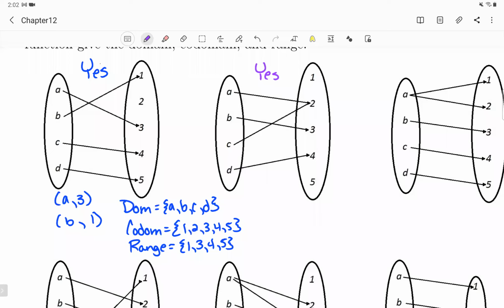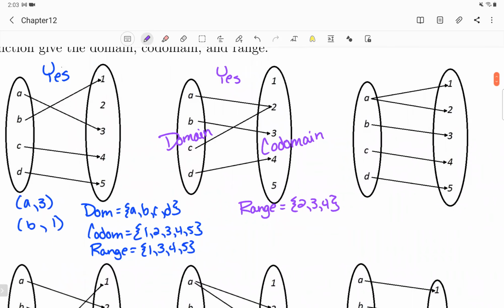So our domain would still be A, B, C, D, and over here we have our codomain. What's our actual range for this one? 2, 3, 4.